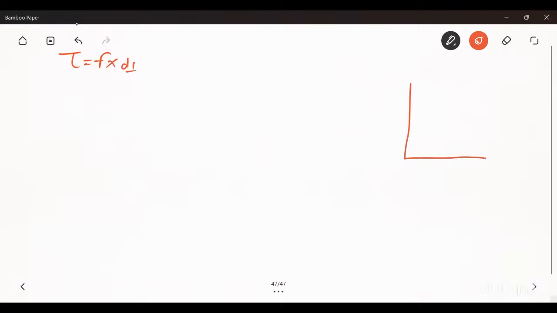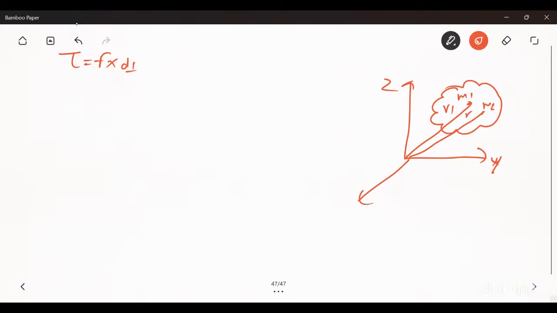Now, we also know that torque is equal to force into perpendicular distance. Now consider a body, to find the relation between them. That is the y-axis, that is the z-axis, that is the x-axis, and the body is like that. It has mass m1 at distance r1, mass m2 at distance r2, mass m3 at distance r3, and mass mn at distance rn.